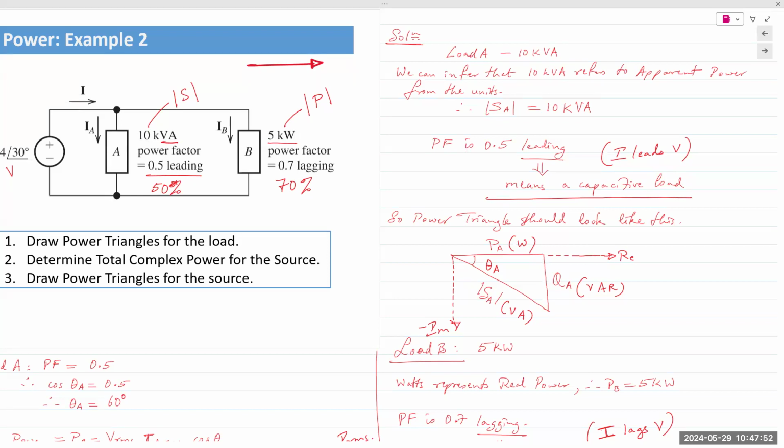Again, if power factor was 1, it would be cosine theta. Cosine of 0 would be 1. So theta would be 0, meaning it would be lying flat on the x-axis, only real power, no reactive power. But because it says 0.5, there is an angle present.